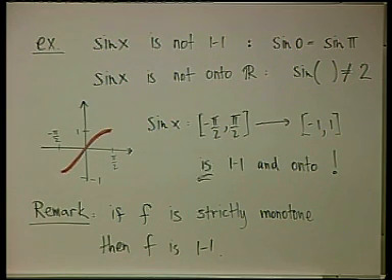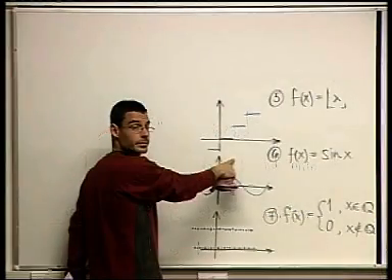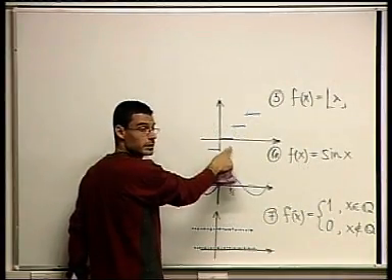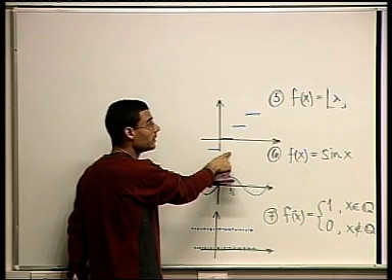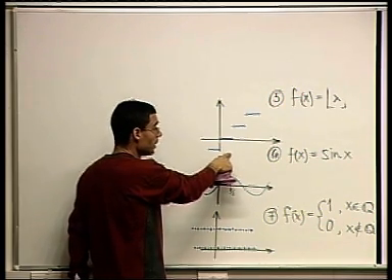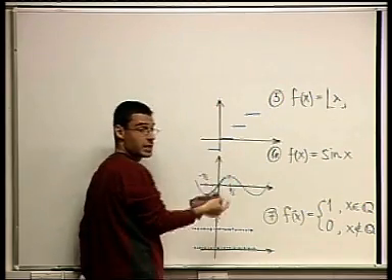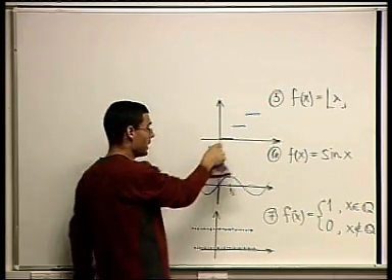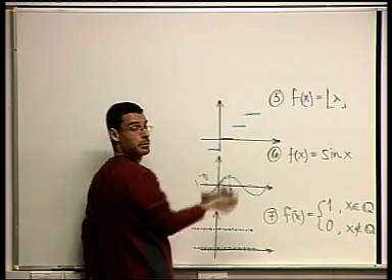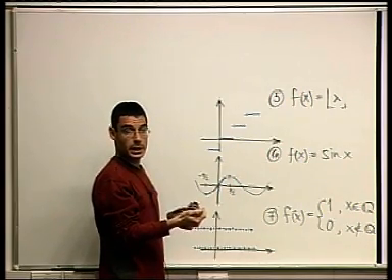Is this function one-to-one? No, why not? Right. For example, 0.5 and 0.6 both get sent to 0. Right? All the values between 0 and 1 get mapped to 0. It's not one-to-one.